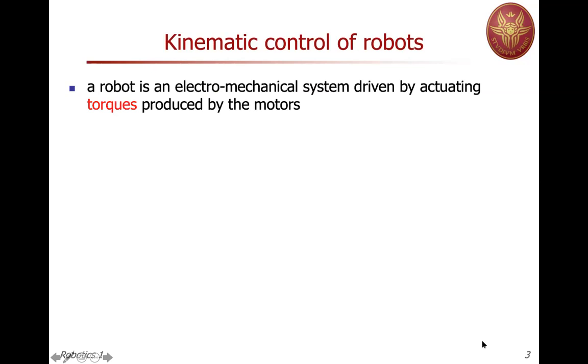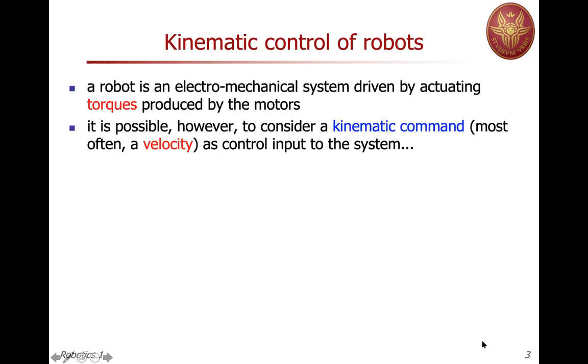So why can we talk about kinematics only if torques, which are a dynamic aspect, which involve inertias and other dynamic terms, are the source of motion? So we can consider kinematic command as control input to the system.